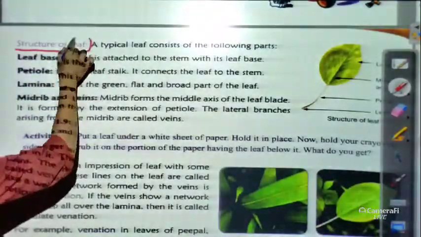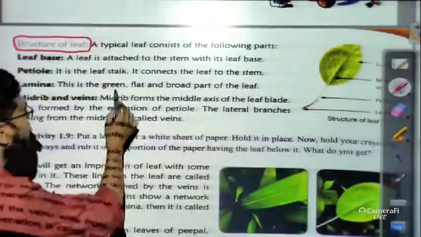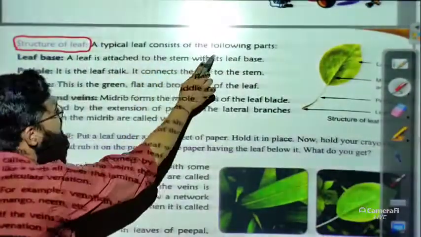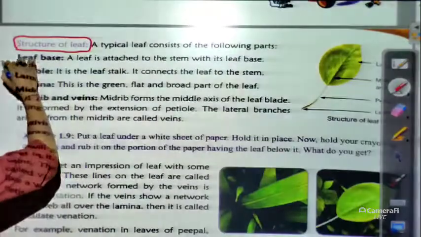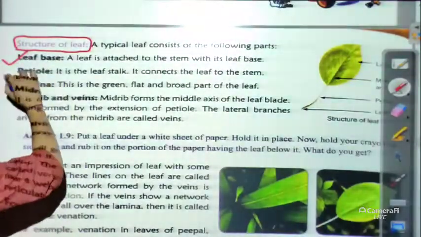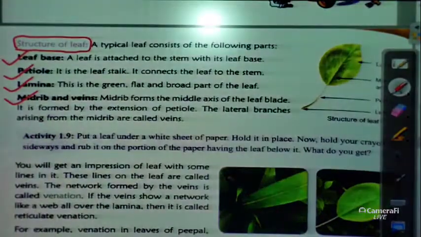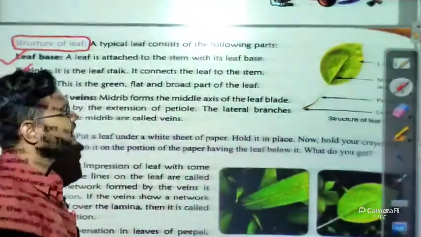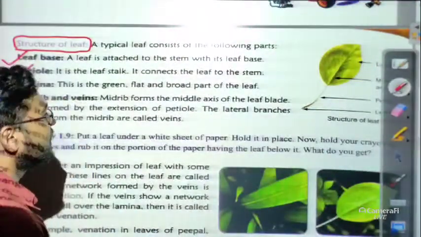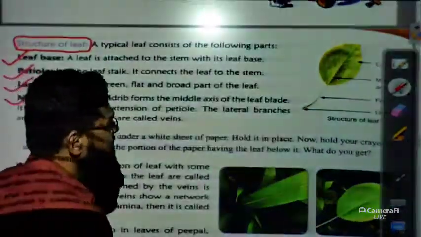A typical leaf consists of the following parts: leaf base, petiole, lamina, midrib and veins. So let me tell you one by one.